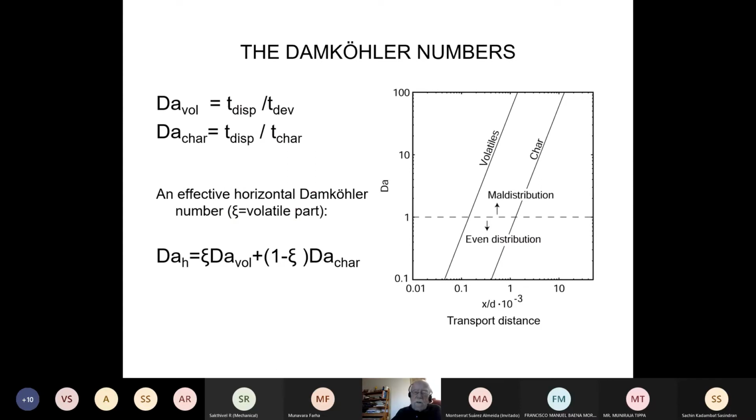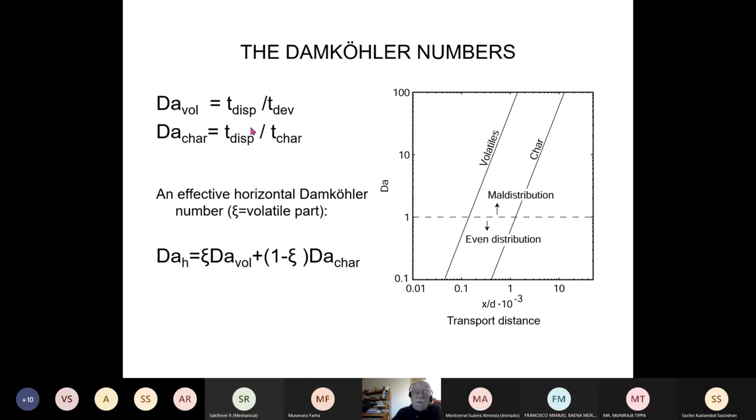But the result then is very simple. We have the Damköhler number for the volatiles, the dispersion time of the fuel particle related to the devolatilization time, and the Damköhler number for the char, the same dispersion time related to the time of combustion of the char. This is all.